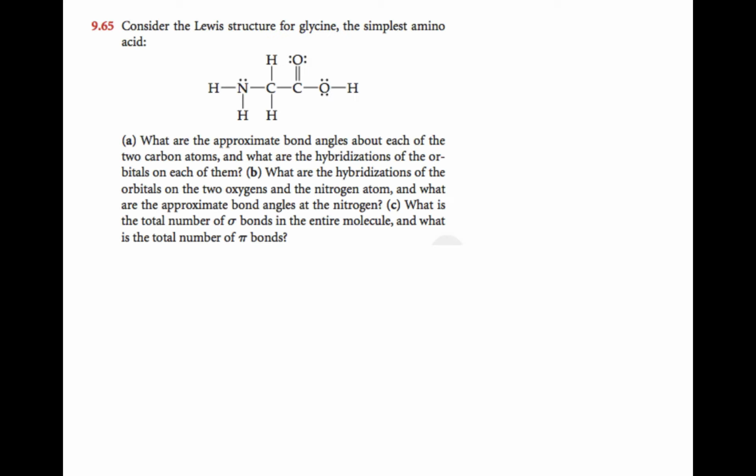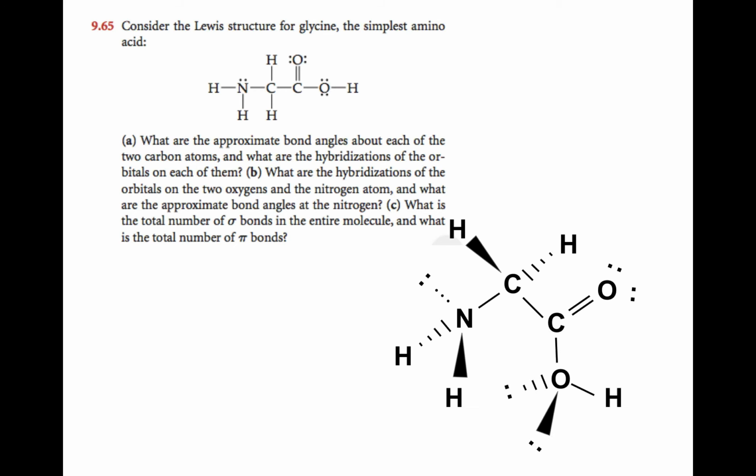All right, so we're looking at a Lewis dot structure for glycerin. It's got multiple centers. What are the appropriate bond angles about each of the carbon atoms? What is the hybridization of these orbitals? I redid this drawing in a 3-dimensional way. Looking at carbon number 1 on the top, I've got 4 bonded pairs, no lone pair, so that's a tetrahedral geometry, therefore sp3 hybridization.